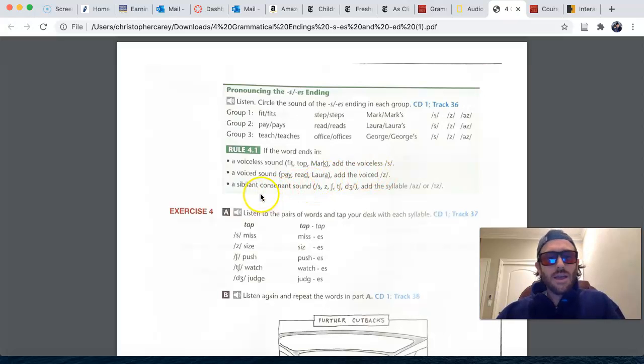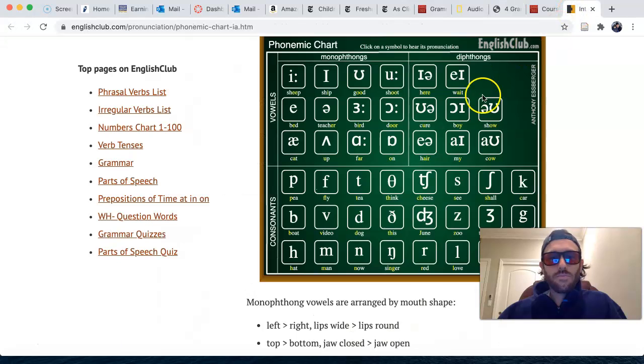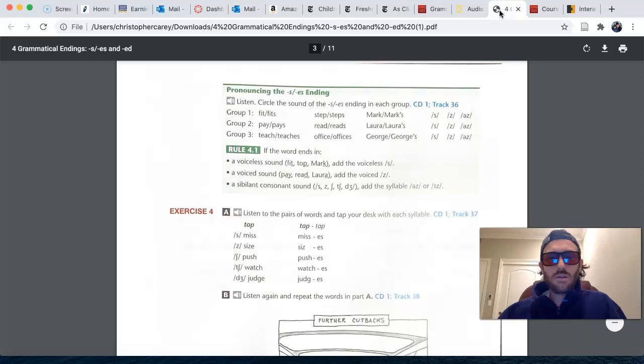Last one, a sibilant consonant sound. S, Z, or sh, the sh consonant sound, or what was the other one?